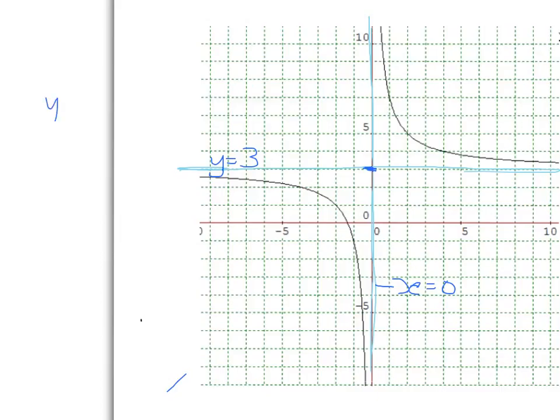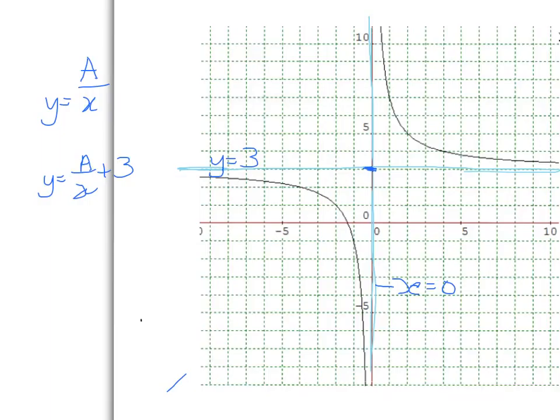We know y equals a over x. Now how far has it moved from 0, 0? It's moved up 3. So we have y equals a over x plus 3.